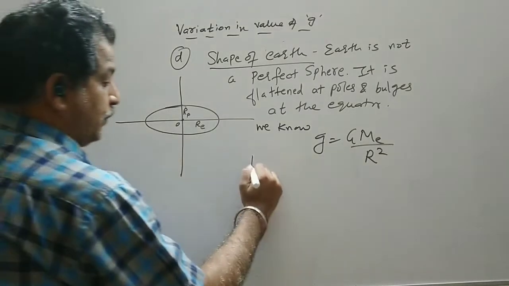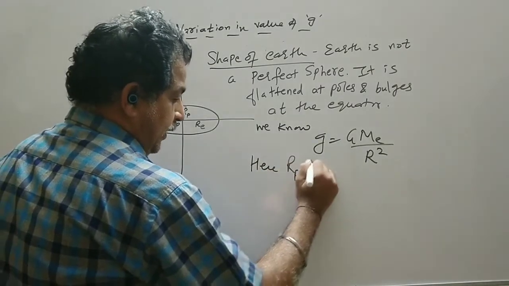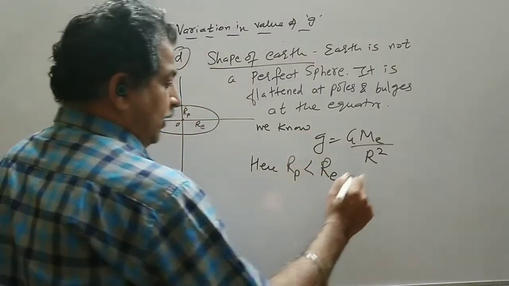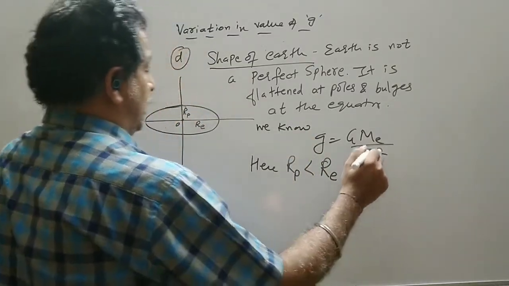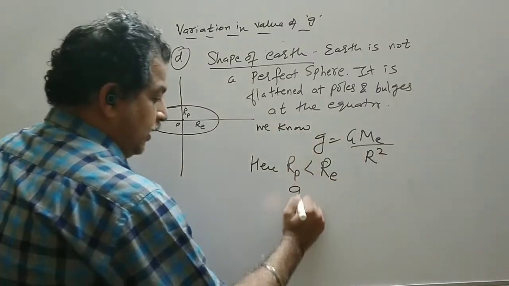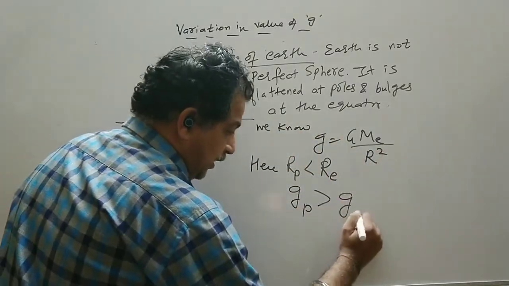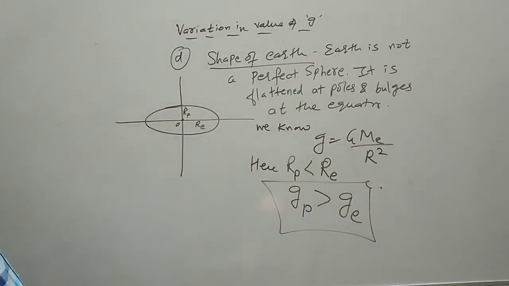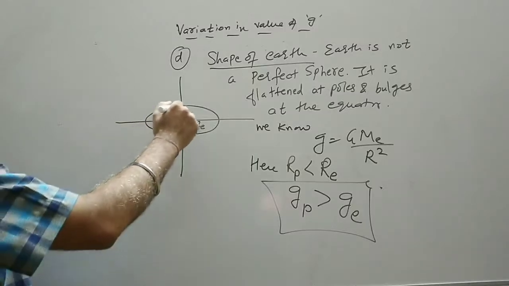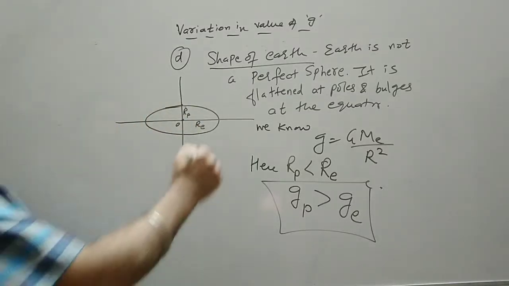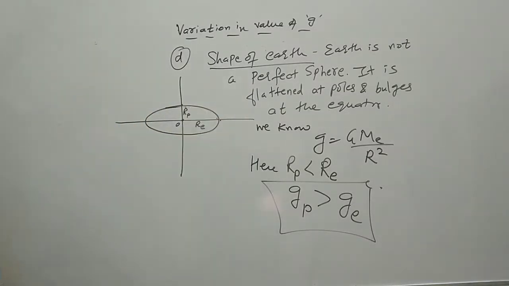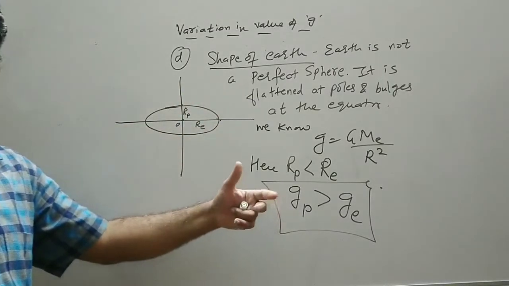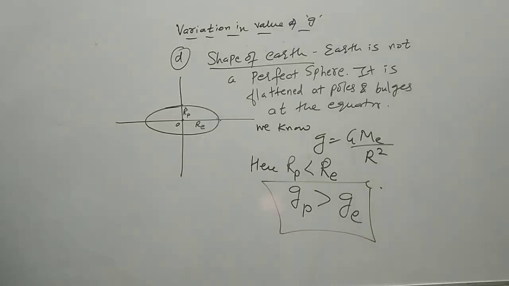Here Rp is less than Re, E for equator. And since Re is more, the value of g at the pole is greater than the value at the equator. So also due to latitude it is clear that the value of g is maximum at the pole and minimum at the equator. As we move from equator to pole, the value of g will increase, as we discussed in the previous topic.